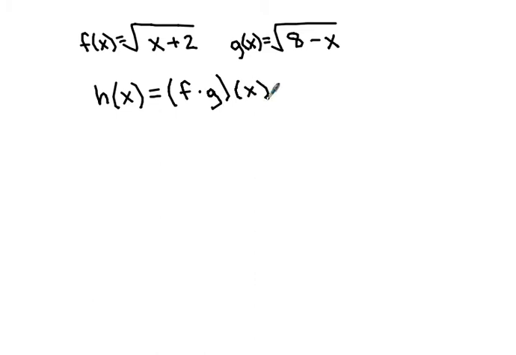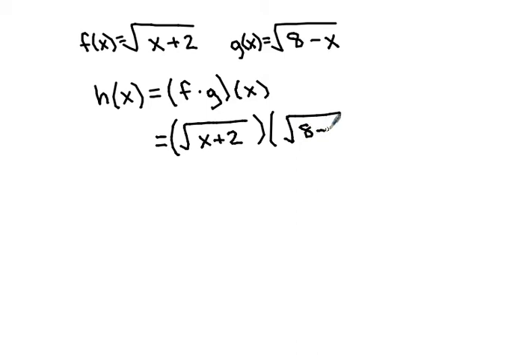So we'll end up with our new function rule being the square root of x plus 2, that quantity, times the square root of 8 minus x. That's as simple as we need to go as far as combining those. You could multiply stuff inside, but it's not going to help us out a lot. So this is fine as far as the new function rule. So let's take a look at how this domain works.